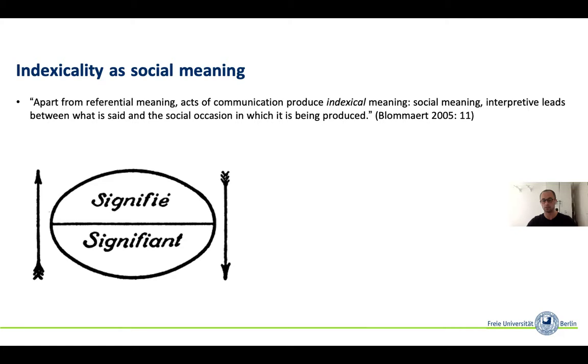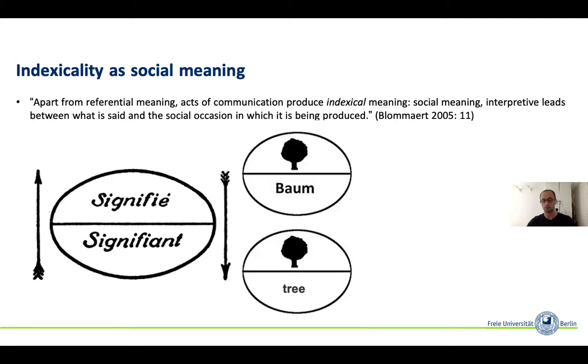And if you remember what you heard in the first or second session of your introductory classes to linguistics, you'll know that there is this Saussurian model of the linguistic sign with a signifier on the one hand and signified on the other. You have the form and the meaning, right? And the prime example here would be the word or the expression for tree, or in German, the Baum, right?